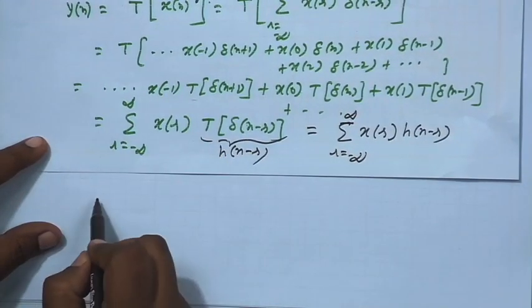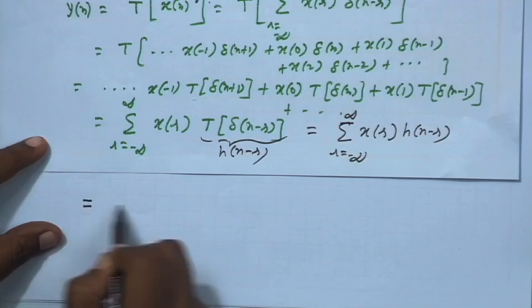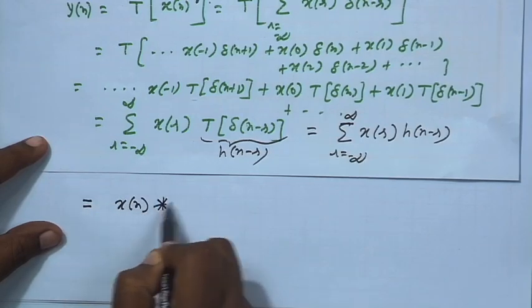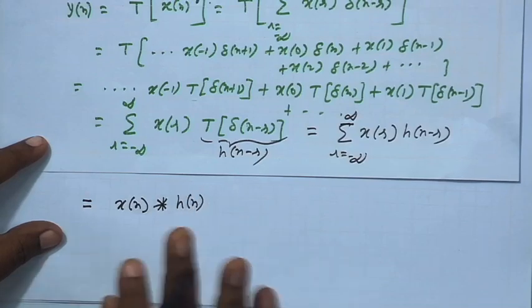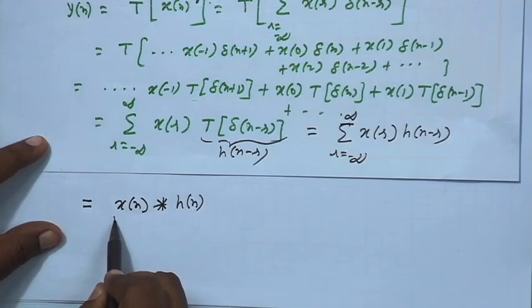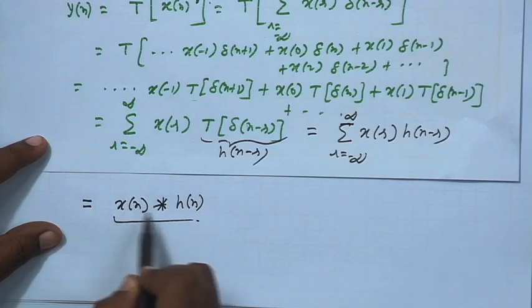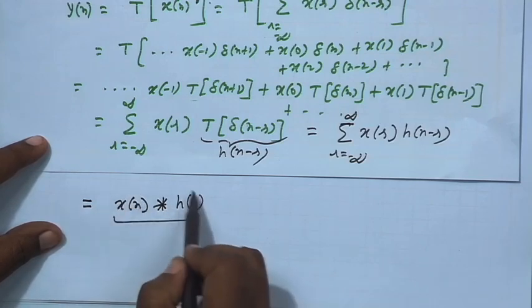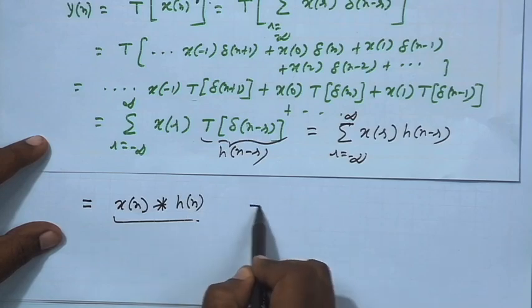We symbolically represent this like this. Let me explain the meaning of this symbol. Whenever you come across x n star h n, the first guy is x n, the second guy is h n. Then what you have to do?